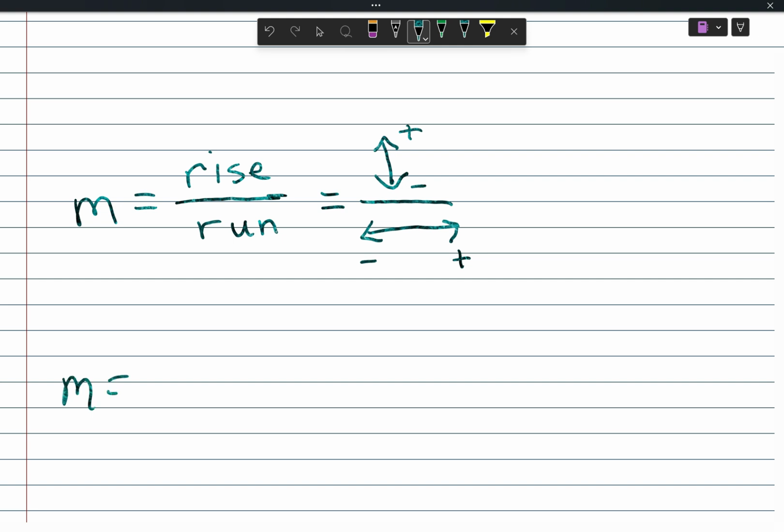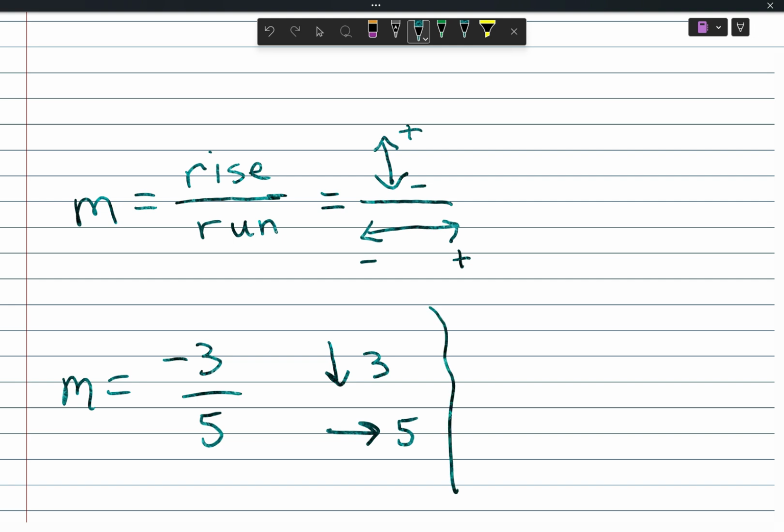So for instance, let's say we had a slope of negative 3 over 5. What does that mean? First, and I'll show you this in a minute, you plot the y-intercept, but then from the y-intercept, you go down 3 and to the right 5. Down 3 and to the right 5, right?